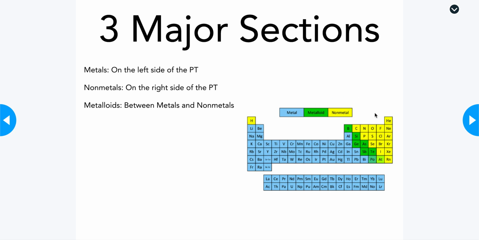Hydrogen also behaves very similarly to the elements in this group right here. And so hydrogen can be placed multiple places on the periodic table. We tend to place it in this top left-hand corner, but you do need to remember that hydrogen, even though it's on the left-hand side of the periodic table, is a nonmetal. So make sure that you indicate that.